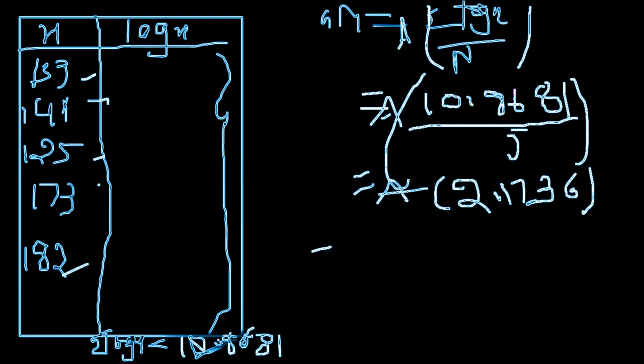Now take the antilog. Antilog means कैसे लेना है? Shift, then press log, then press this number. Otherwise, 10 raised to the power this number. You will get the antilog. What is the answer? Jaldi.